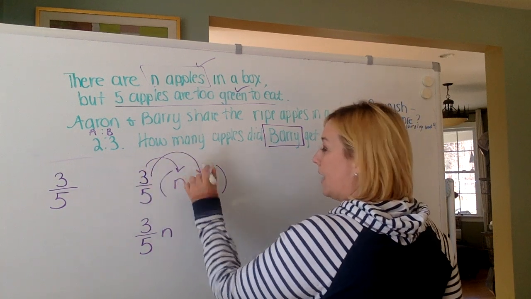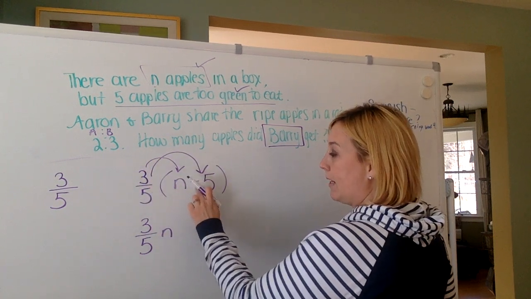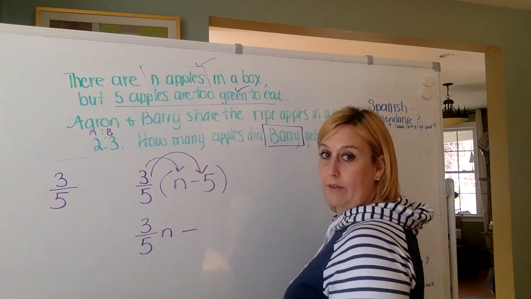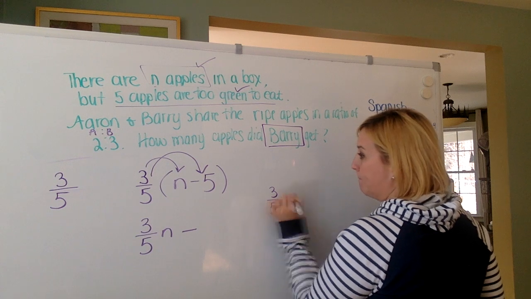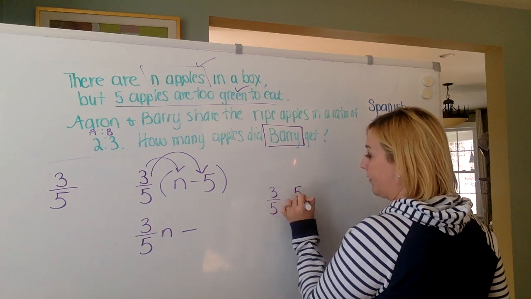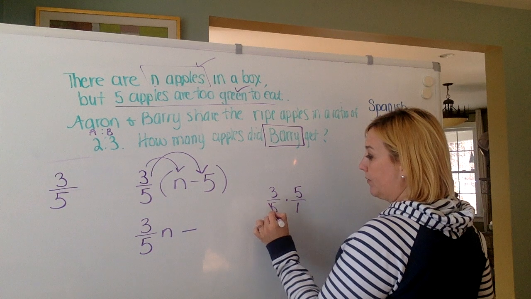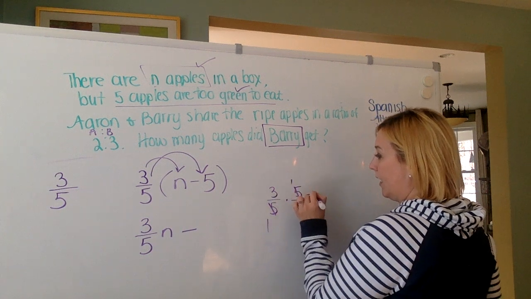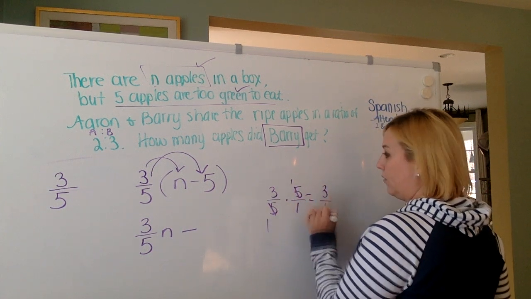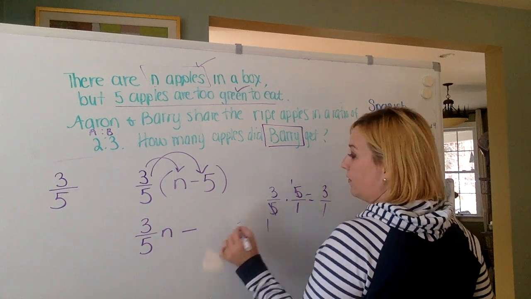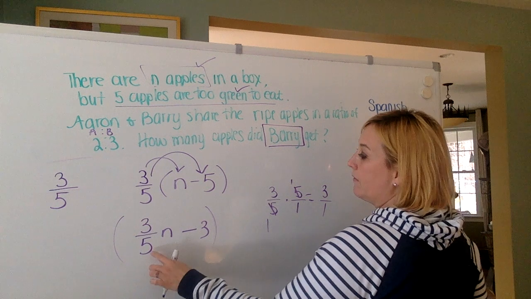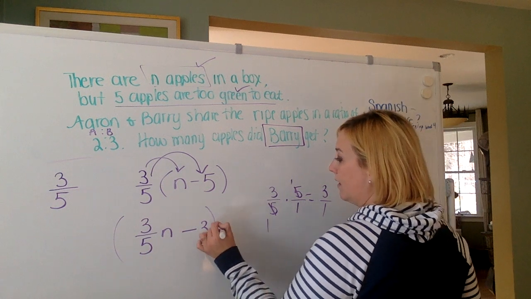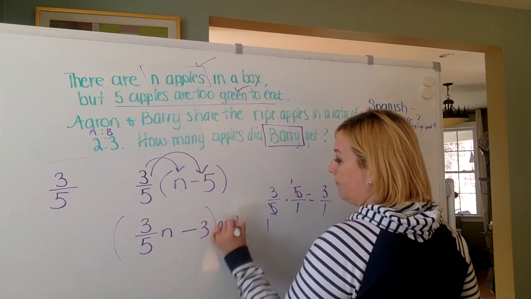Positive 3/5 times negative 5. Positive times a negative is a negative. And on the side here, I need to do 3/5 times 5. We'll cross simplify, and I get 3/1. So my answer would be minus 3. Barry gets 3/5 n minus 3 apples.